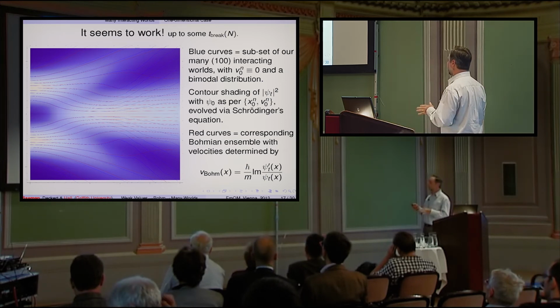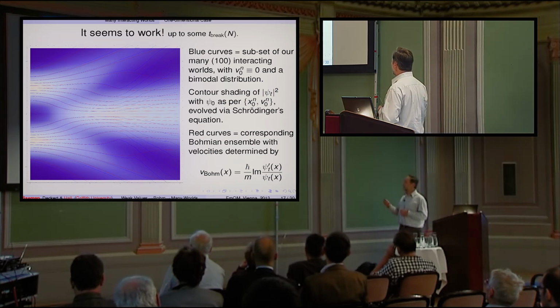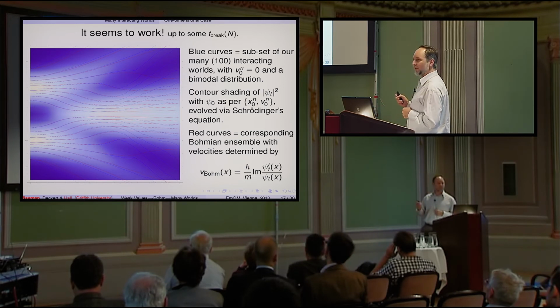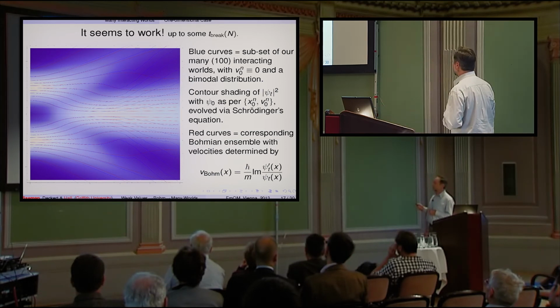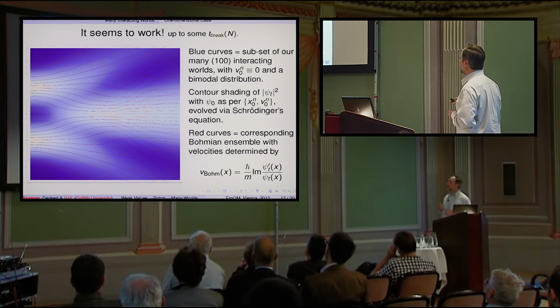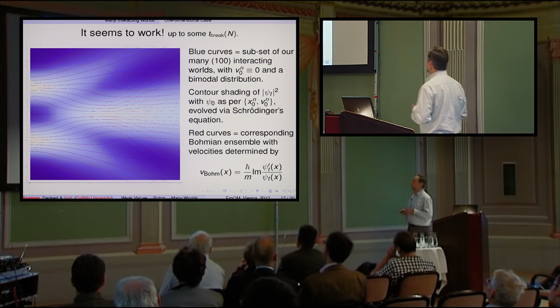But I'm told Dirk, who did these simulations, that as you increase n, that break time becomes longer. So it doesn't seem to be any sort of fundamental thing as far as we can tell at the moment. So basically, it seems promising. The idea seems to work. At least it seems to be able to reproduce, to some extent, the interference pattern from a double slit experiment.